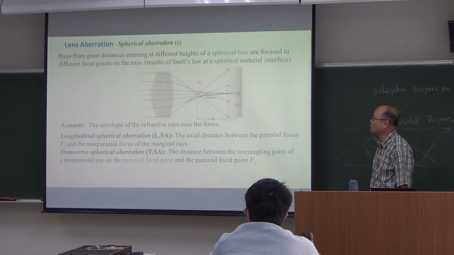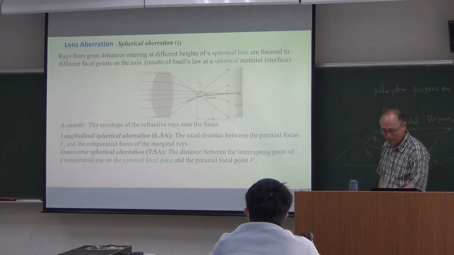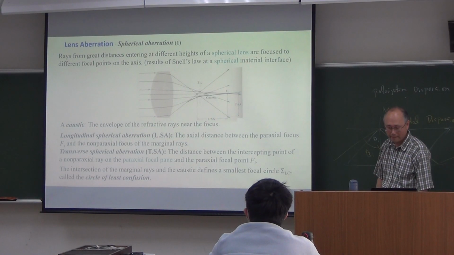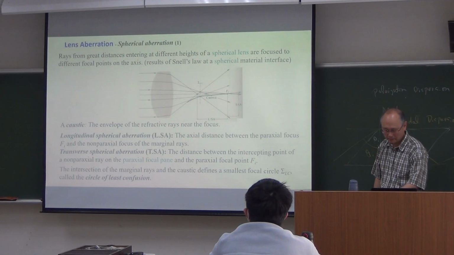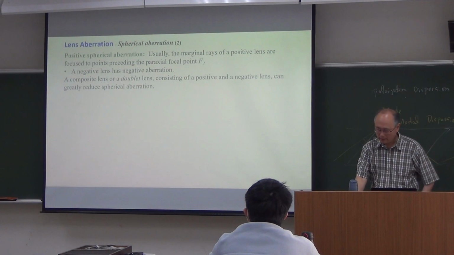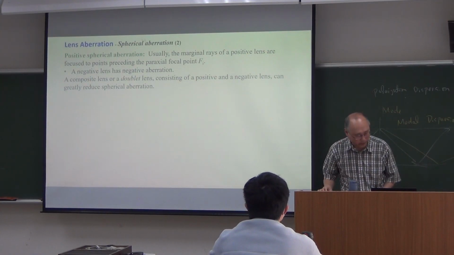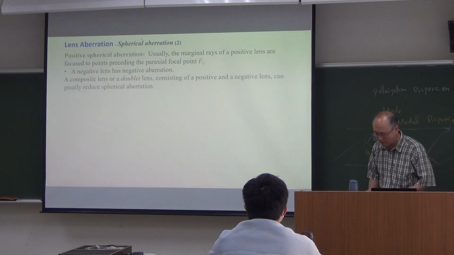Okay? But this is just one of several aberrations you can see from a spherical lens. We have other things, and we touched a little bit on positive aberration and negative aberration.